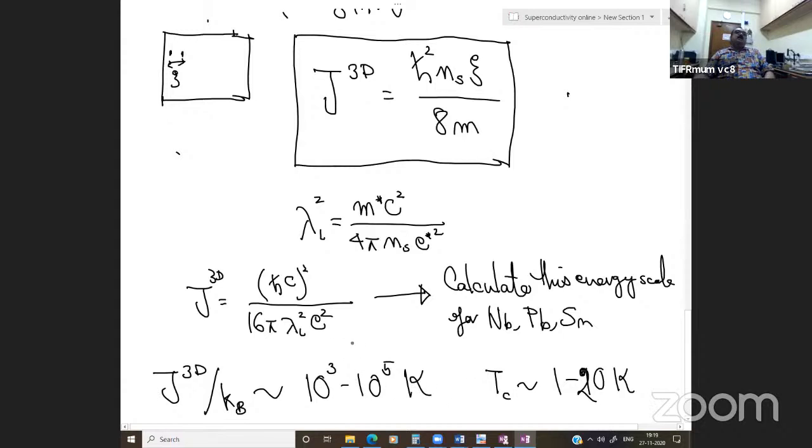So therefore phase fluctuation in a three-dimensional clean superconductor is a completely irrelevant energy scale. It's so high that it will excite so little phase fluctuation that it really does not affect the superconducting properties at all.